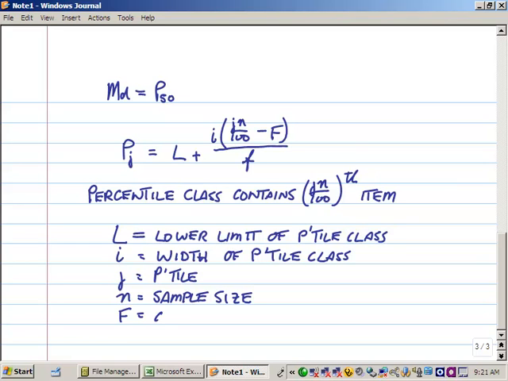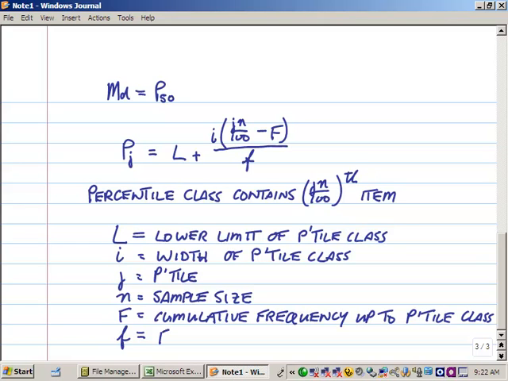F, capital F, is the cumulative frequency up to the percentile class. In other words, it is the number of items below the percentile class. Little f is the frequency of the percentile class, the number of items in the percentile class. Basically it's the same process of calculation that we did for the median.